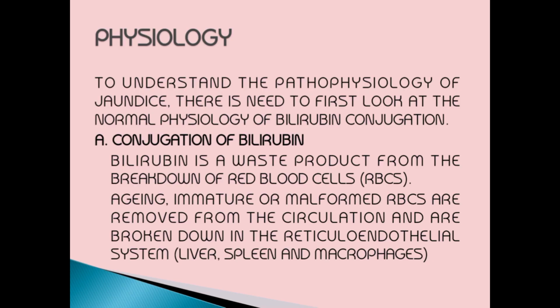So, conjugation of bilirubin. Bilirubin is a waste product from the breakdown of red blood cells, or RBCs. If the red blood cells have been broken down, the byproduct is bilirubin.